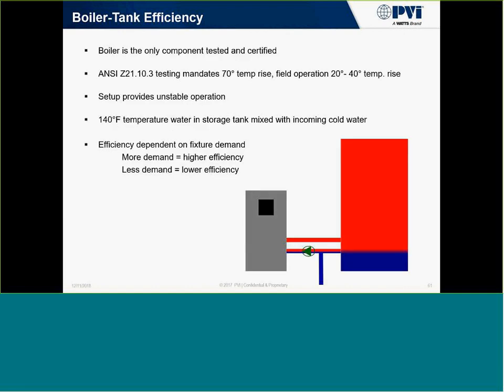So with that ANSI standard, this is how usually a boiler and tank would be installed into a system. The certified boiler over there on the left is going to be installed with a storage tank in order to have some buffer inside that system for multiple reasons. One, it's going to give you a dump load capability, but the other thing too is that the heat exchangers inside those boilers have to be protected. The way that they're protected is with flow.